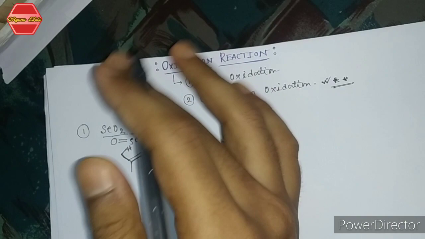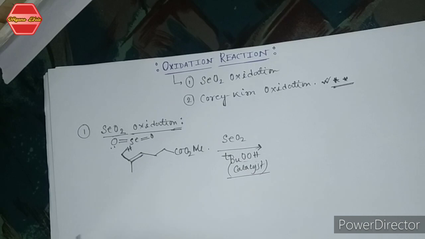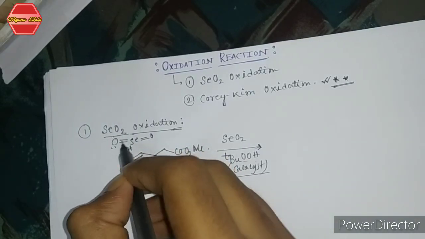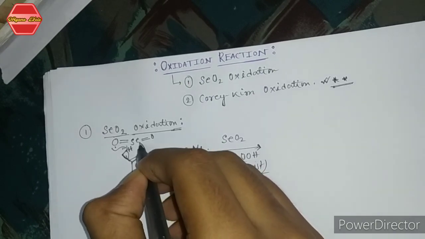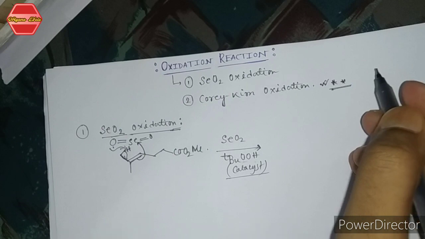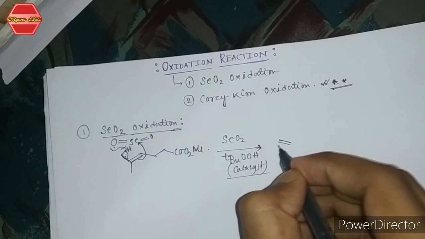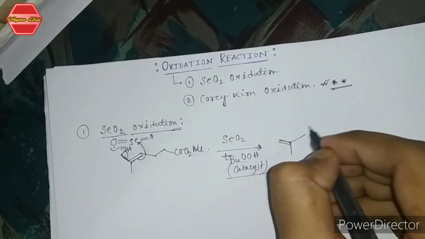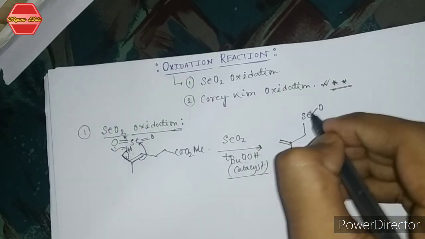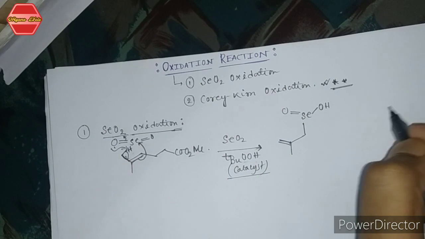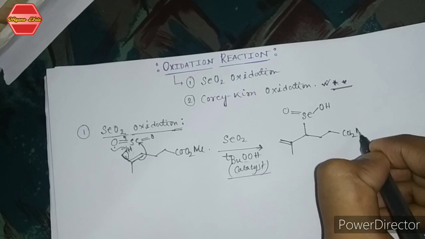Now see the first step, that is the ene reaction. Here a lone pair of oxygen abstracts the proton from here, and these bonds go here, and this double bond attacks the selenium atom. After that, in the product there is a double bond here, and this double bond breaks and bonds with selenium, and this goes to that side, so this is OH and there is a double bond O. This is CO2Me.